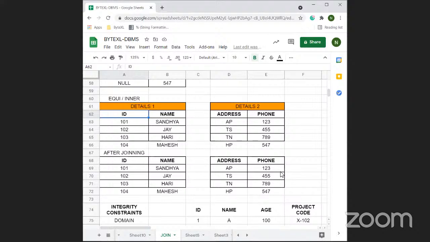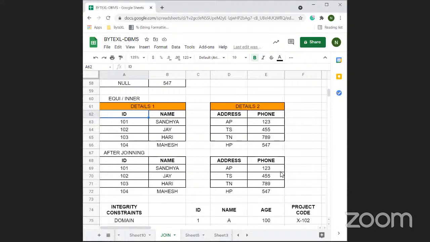About this inner equi-join, we need not have common values as well. Just if you want to join the tables entirely, completely, without any common value also, we will be using this.